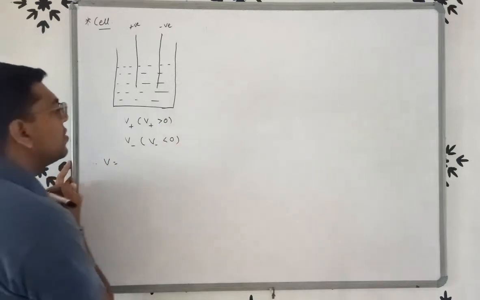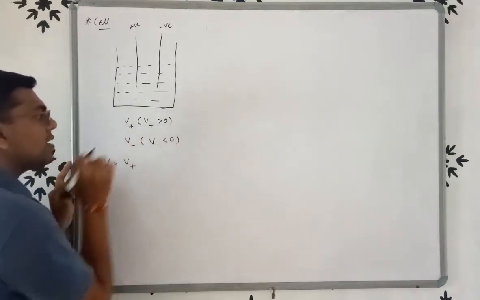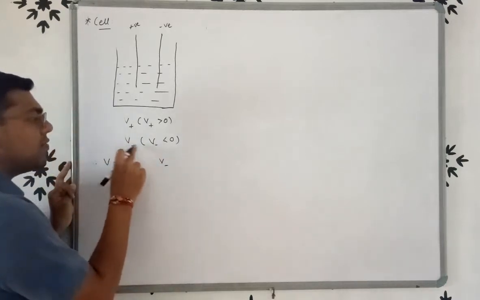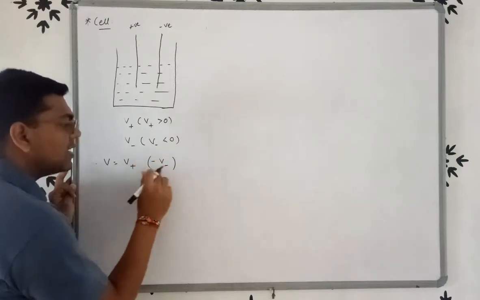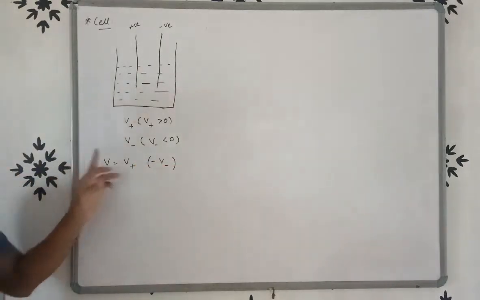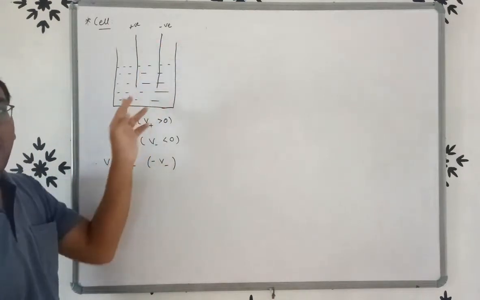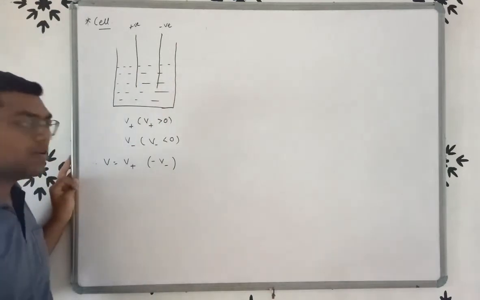Now if we want to write the potential difference between these two electrodes, V is equal to V plus for the positive electrode, and for the negative electrode V minus, but here V minus is less than 0, so minus V minus is there, because the potential difference between negative electrode and electrolyte is V minus, which is less than 0.